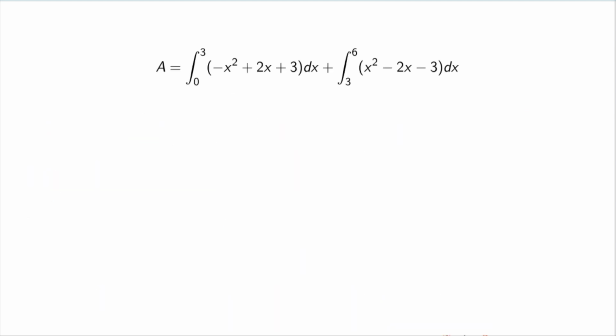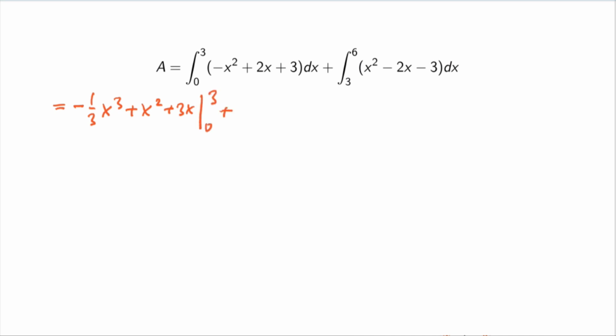Let us compute this integral here. So then we can just integrate. These are polynomials. So we integrate the first one, which is minus a third x cubed plus x squared plus 3x between 0 and 3.